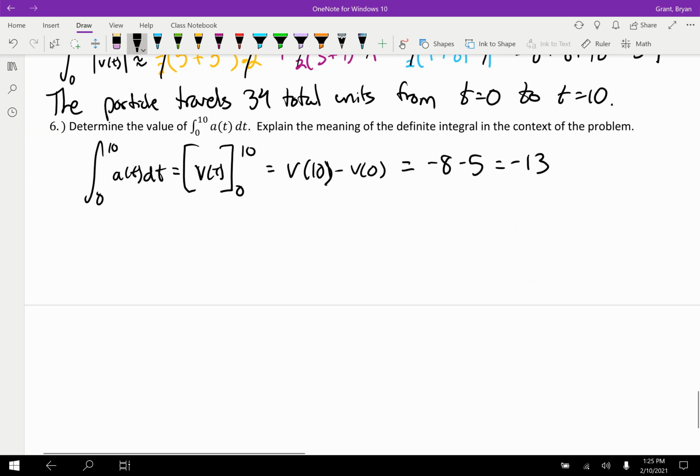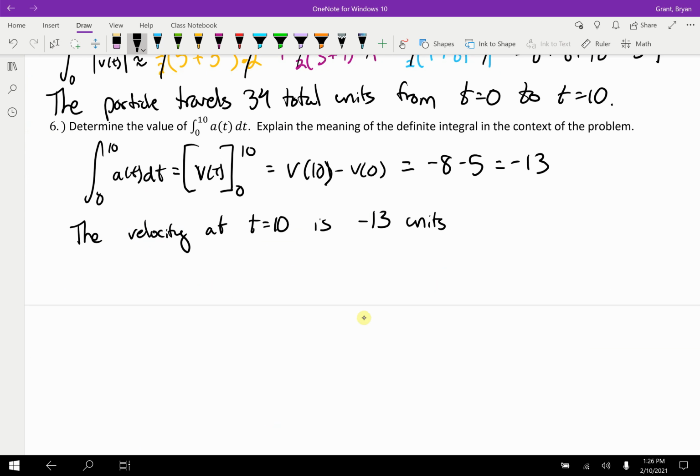Finishing this off, they said explain the meaning. Well, we subtracted two velocity values, and that tells us the difference between them, right? So what does this mean? We would say the velocity, I always like to start at the ending value, at t equals 10 is negative 13 units, whatever the units would be, right?